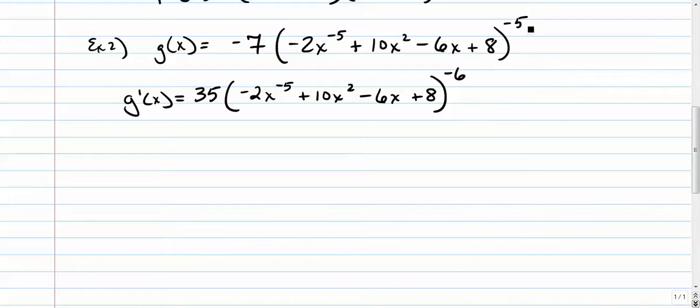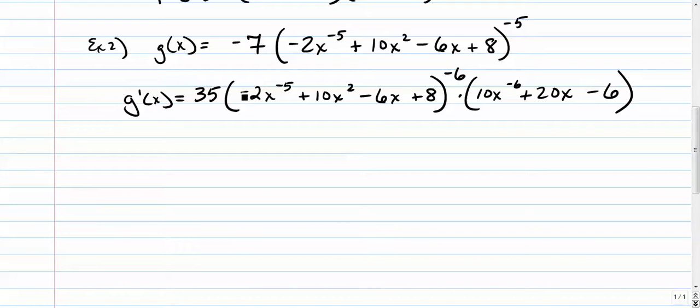Remember, when you have a negative and you take -5 minus 1, it's actually -6. And then we're going to multiply it by the derivative of what's inside. So it's going to be, let's see, power rule, 10x to the -6th plus 20x minus 6 plus 0, which we don't need to write, so I'll just bring this parenthesis in here.